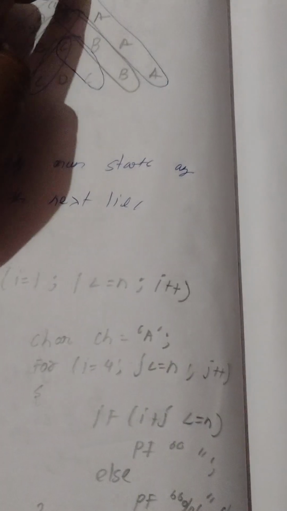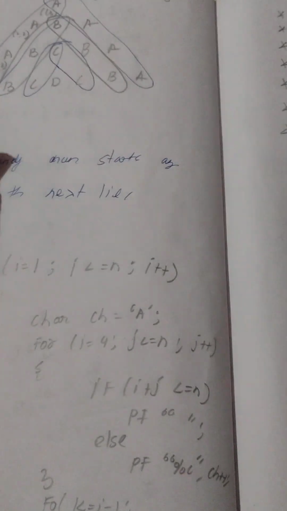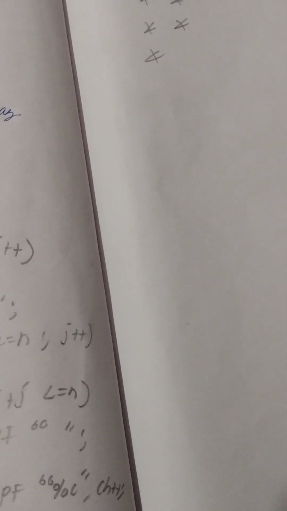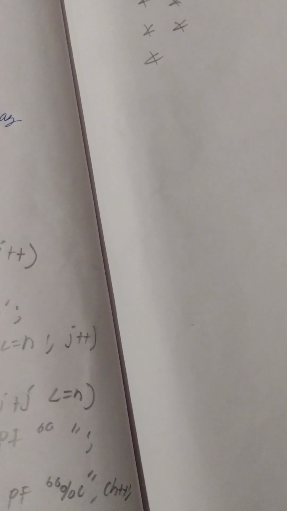Here, for this, how we are going to print: first we need to split it into two, first this one and then this one. How can we print this one? Starting is i. This prints from last, right, 4.